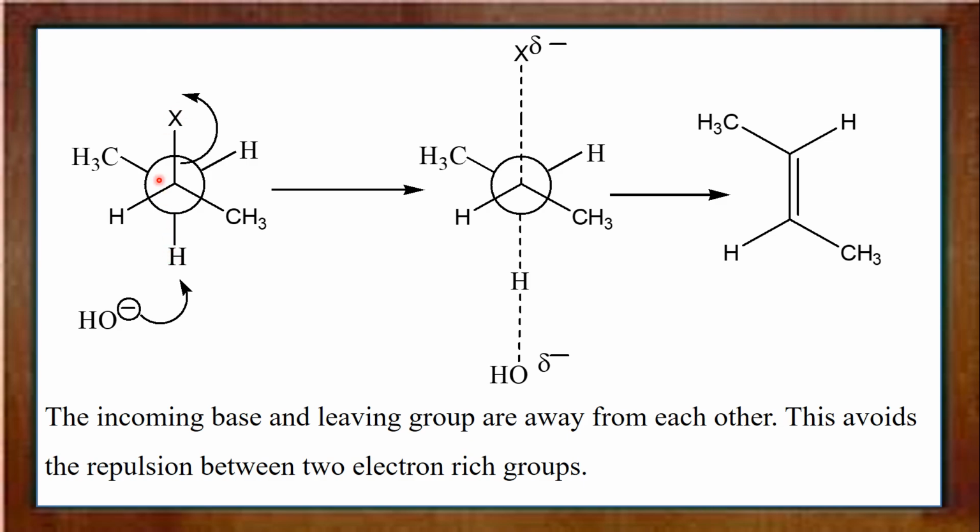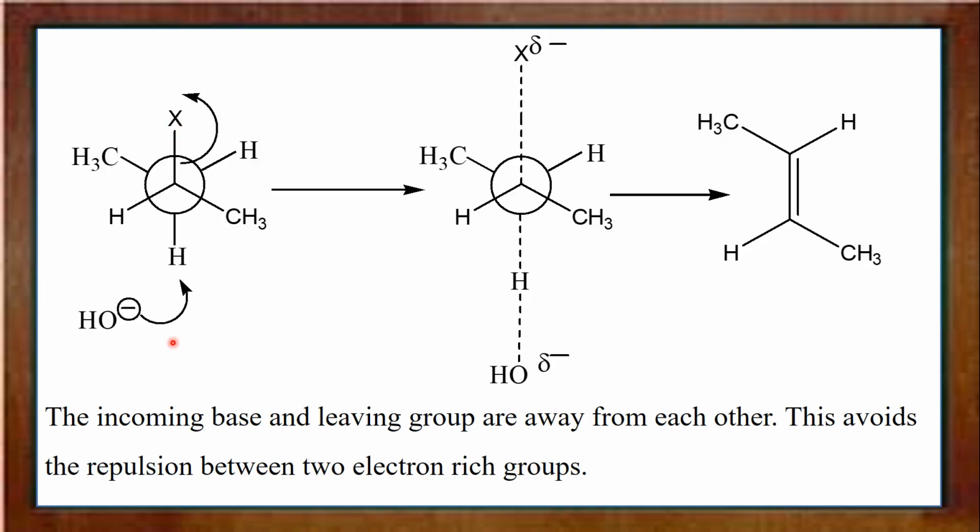For E2 elimination to take place, a strong base approaches the beta hydrogen. Since it is approaching the beta hydrogen from this side, there is no possibility for any kind of repulsive interaction between this electron-rich base and this electron-rich leaving group.